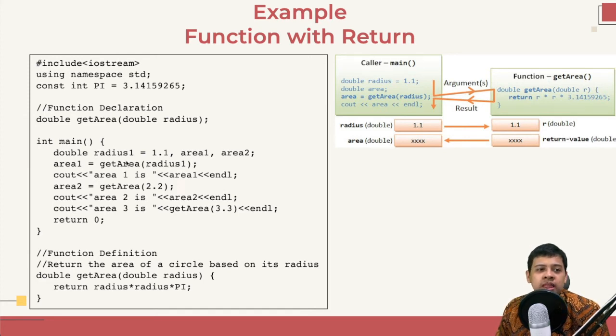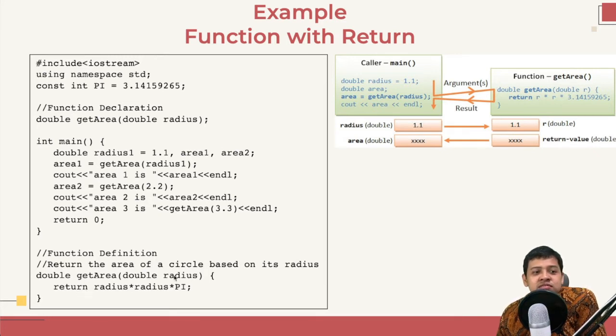So we have the calculation of get area with radius 1, which is 1.1 times 1.1 times pi. This will return a value, for example like 4, maybe about 4.